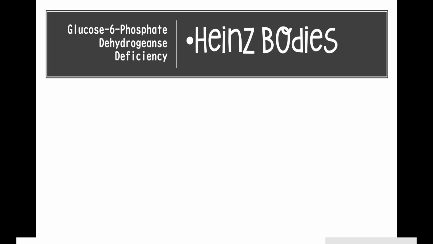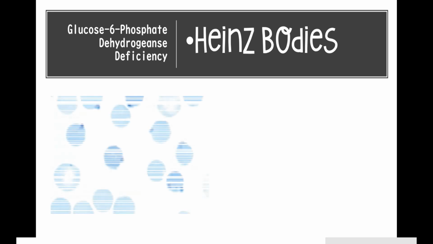When the globin chain of the hemoglobin is denatured, it will be precipitated in the cell. And once it precipitates in the cell, it will manifest as Heinz bodies. And Heinz bodies look like this. They look like dots on the membrane of the RBC.